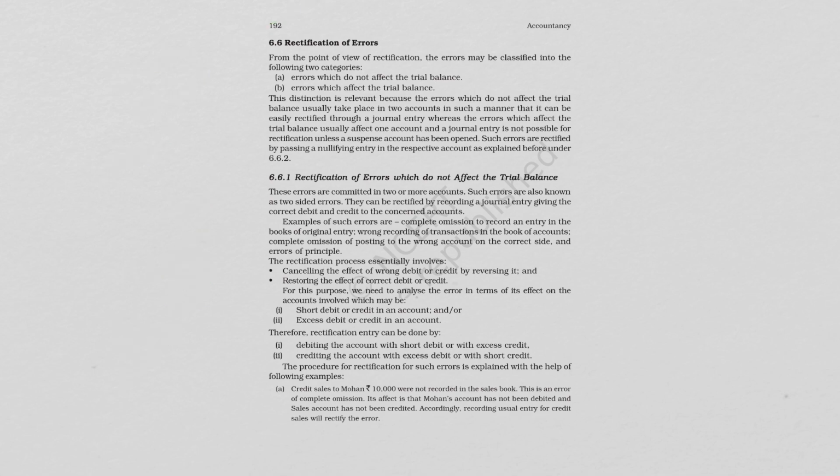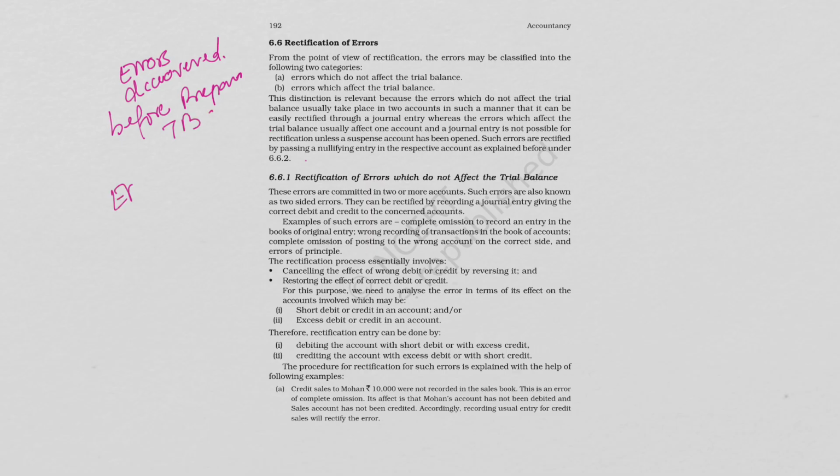So when can errors be rectified? Errors can be rectified at 3 stages. First of all, we have the rectification of errors discovered before preparing the trial balance.